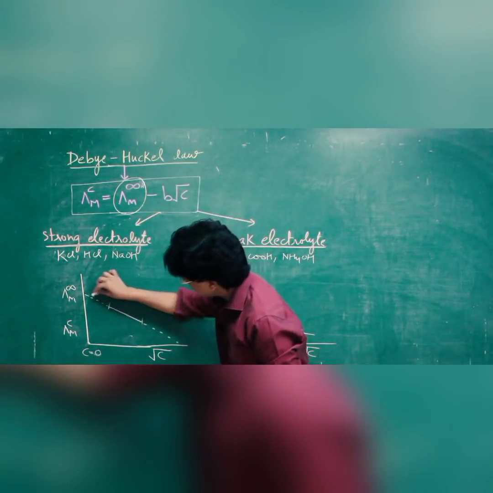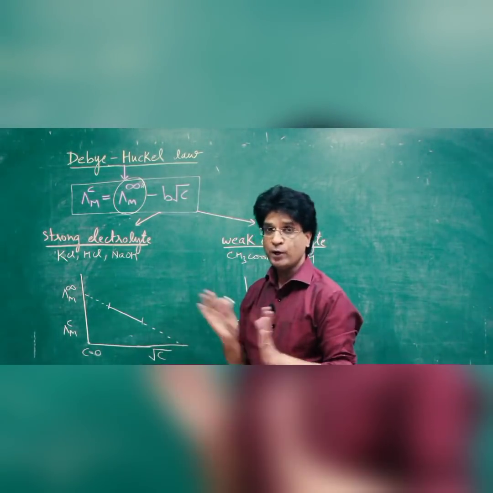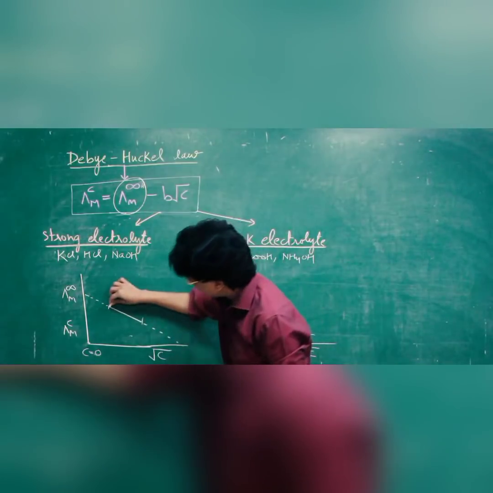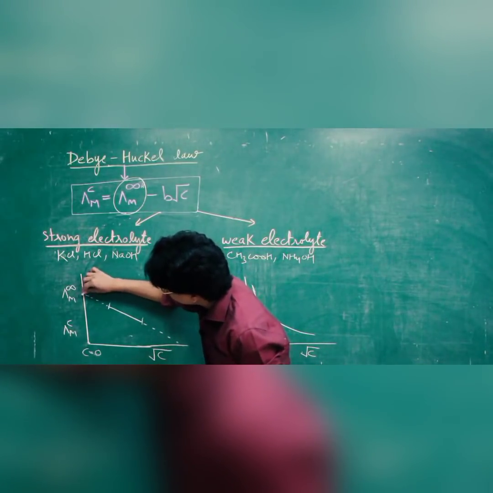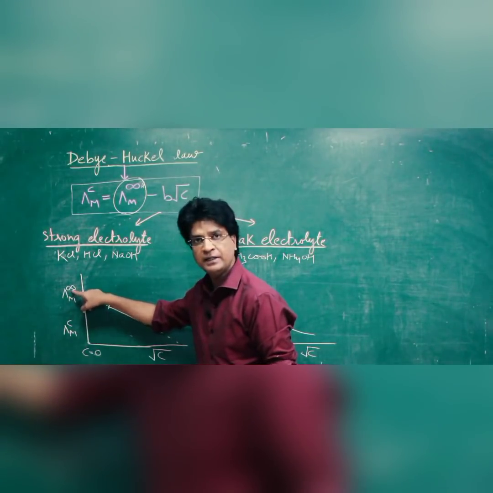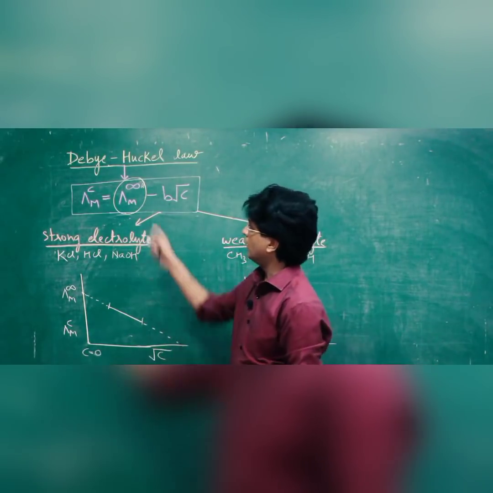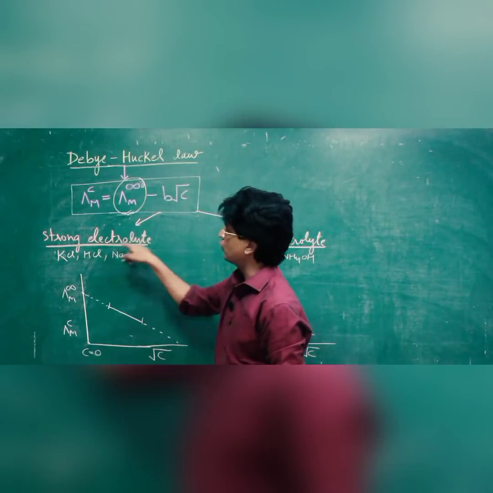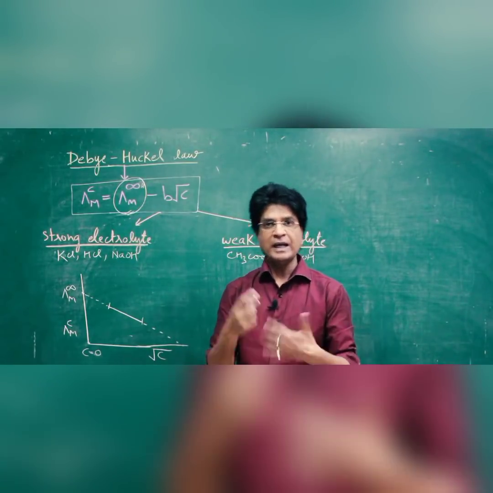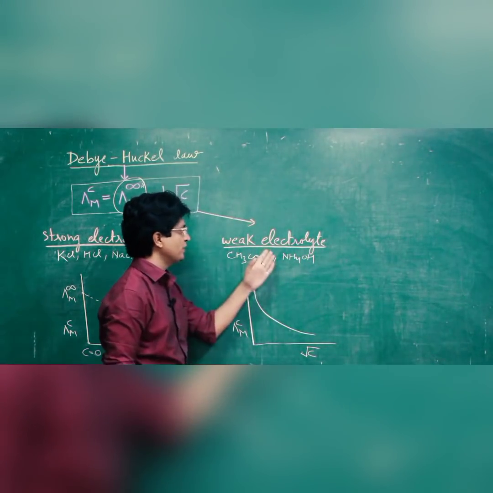The best part of a straight line is that it can be extrapolated. Since I cannot have infinite dilution, by drawing a straight line and extrapolating it, I'll get molar conductivity at infinite dilution without doing it physically. So I will be able to get this for a strong electrolyte, because here alpha is 1, that is constant.